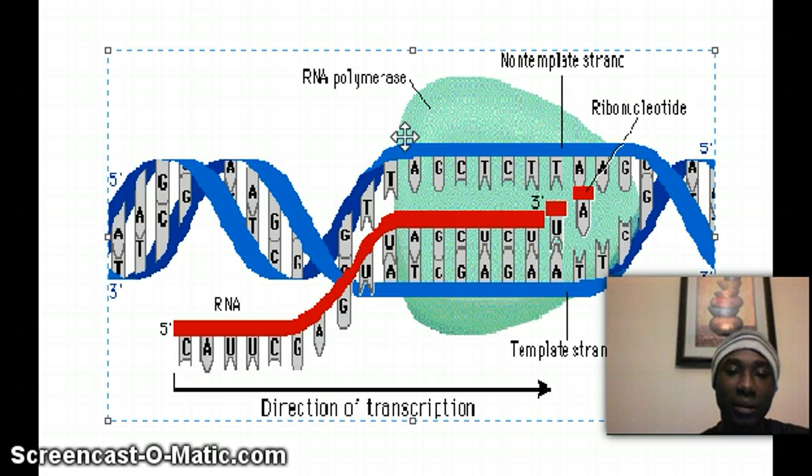This involves the signal latching on to the promoter on the template strand of the DNA. The promoter is basically the gene location. Here is the promoter.